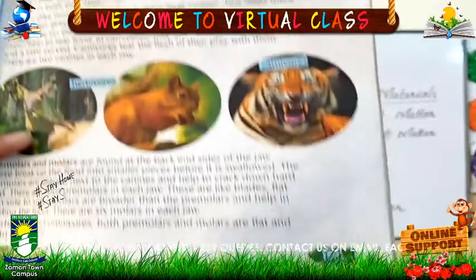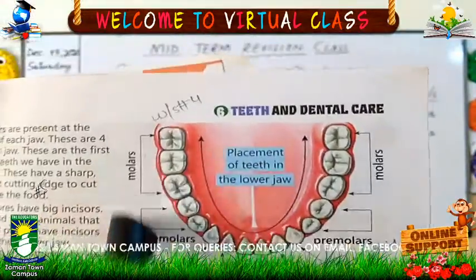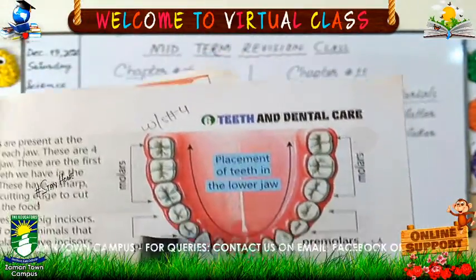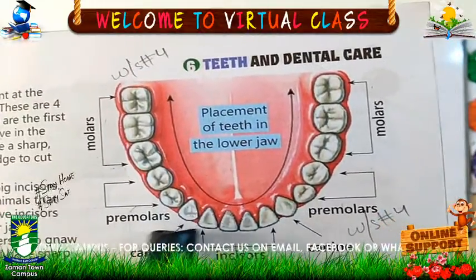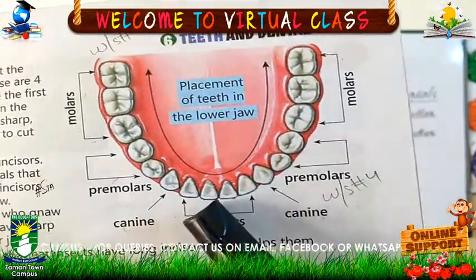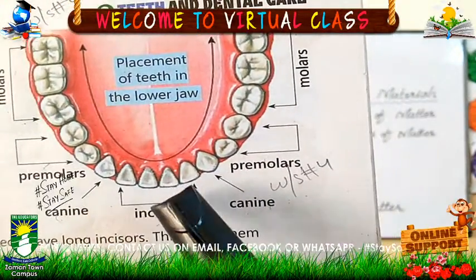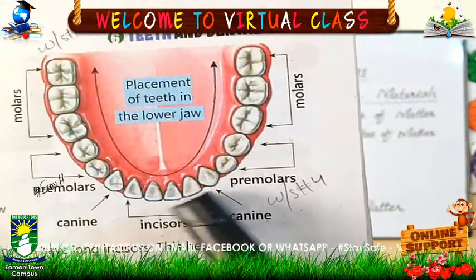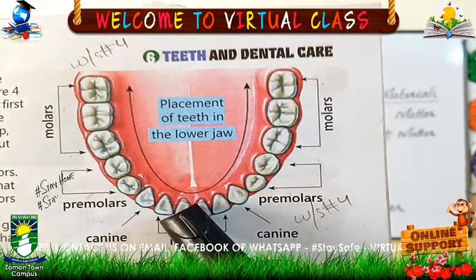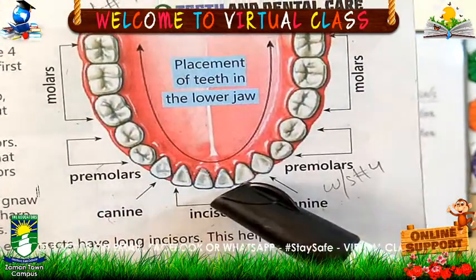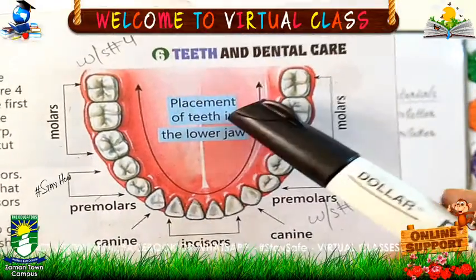On page number 51, here we have a diagram of the lower jaw. You can see here there are 4 teeth present in front of each jaw, in the lower jaw and the upper jaw.